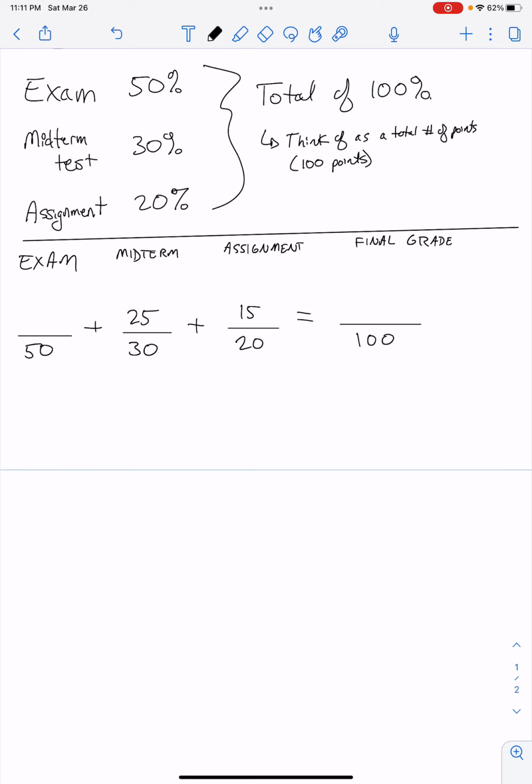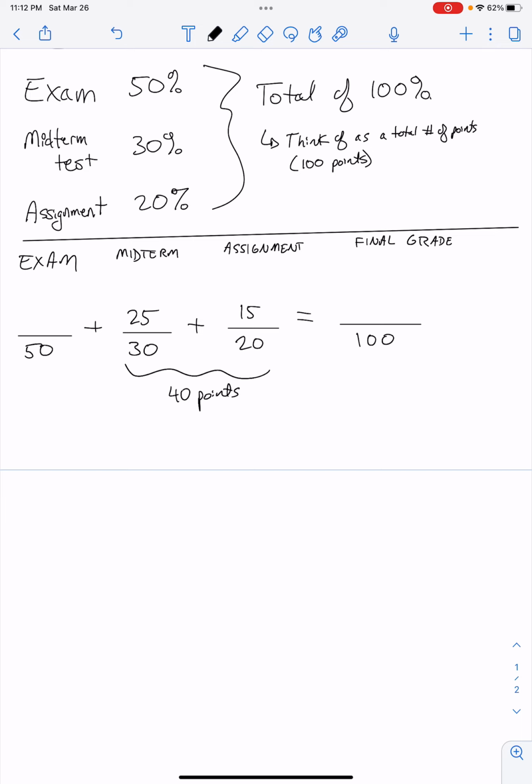Well, right now you've collected between these two 40 points. And 40 points, if that's all you got, let's say you didn't show up to the exam, you're like, I don't need to go. Well, in that case, you have 40 points over a total of 100, and that's 40%, so that's not good.